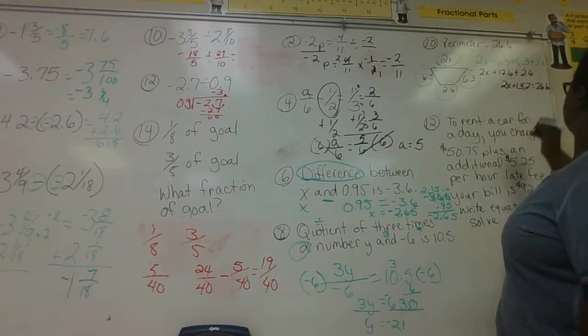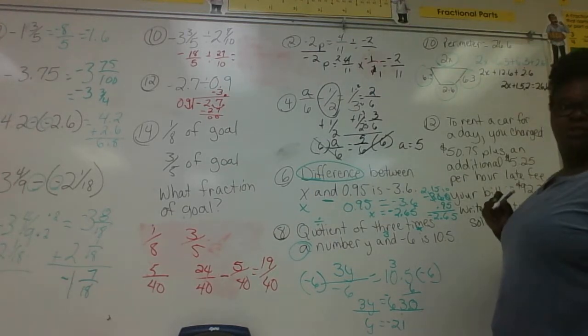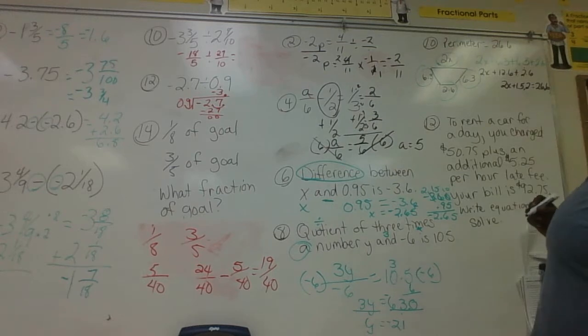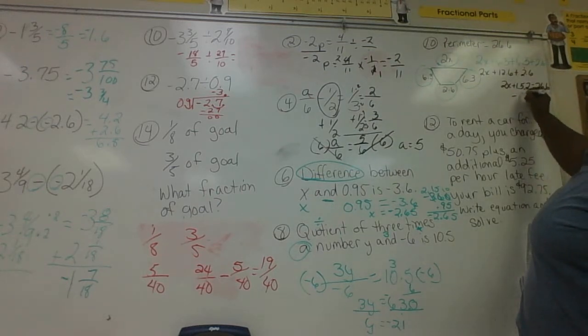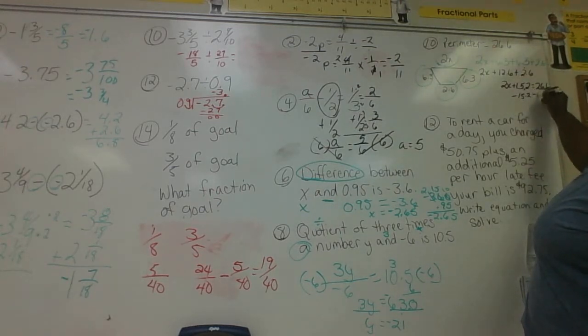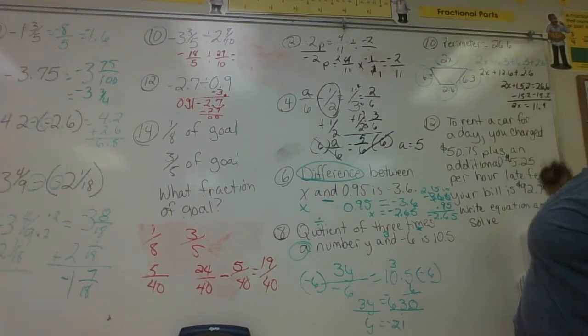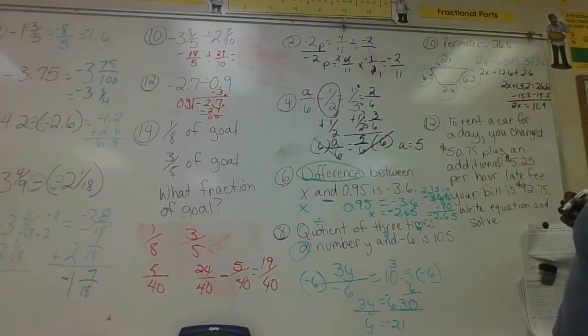All right, so now we need to take 15.2 from each side. Okay, so we're going to minus 15.2, minus 15.2, and 2x is going to be equal to, this gives us a 4, this gives us a 1, this gives us a 1. Okay, 11.4.